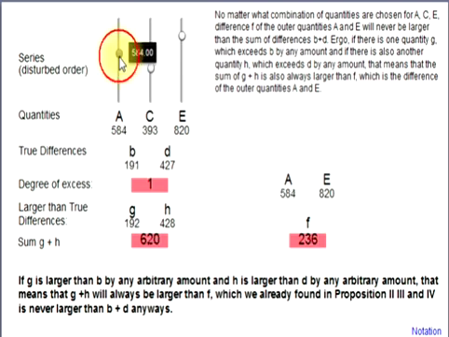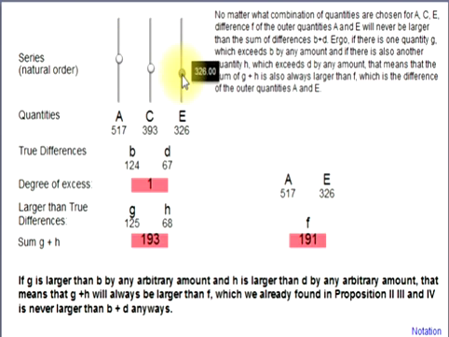A disturbed order would also be one like this. In this case you have the ascension of quantities in the first section, and then a descension in quantity in the second step. And this is the condition of it being a disturbed order, that you have both an ascension and a descension within the same series. In what order, that does not matter.